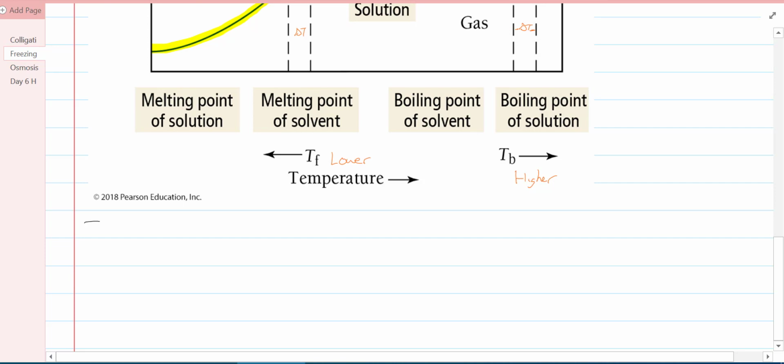Okay, so the elevation of the boiling point and the depression of the freezing point, or melting point, same thing, are colligative properties.